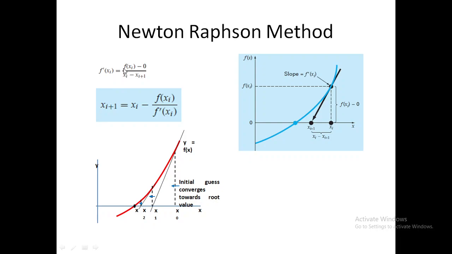What is the equation? f dash of xi, that slope, is equal to f of xi minus 0 divided by xi minus xi plus 1. Then we can calculate xi plus 1 is equal to xi minus f of xi divided by f dash of xi.